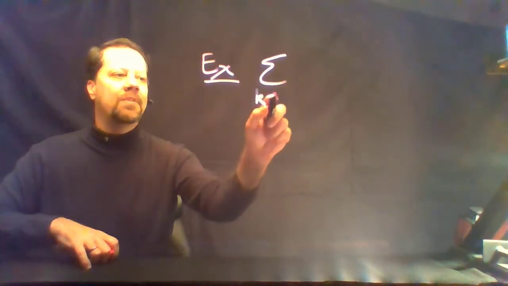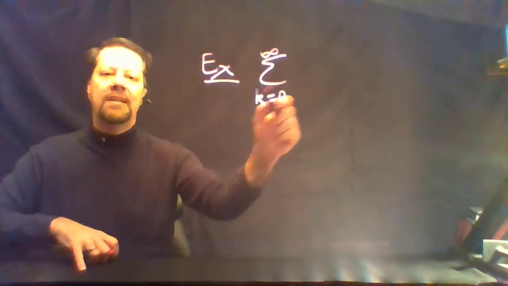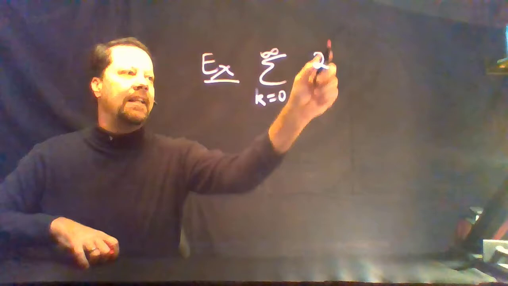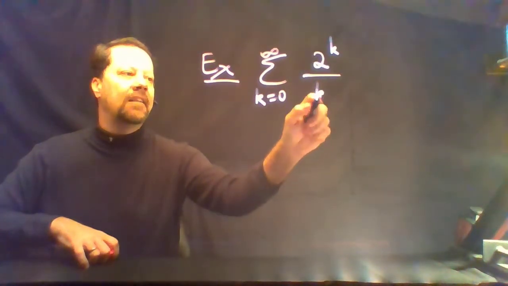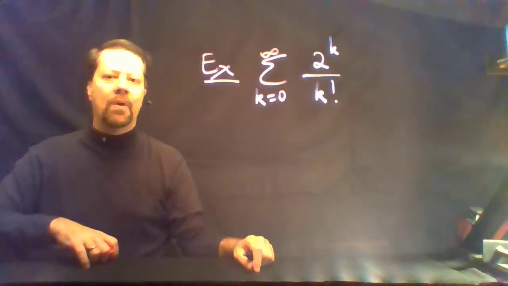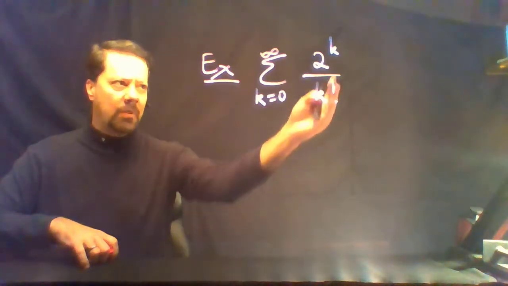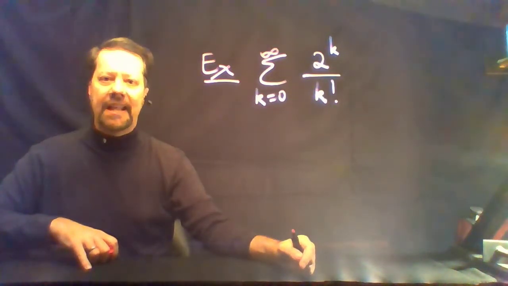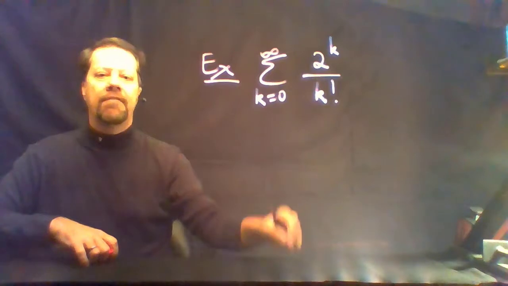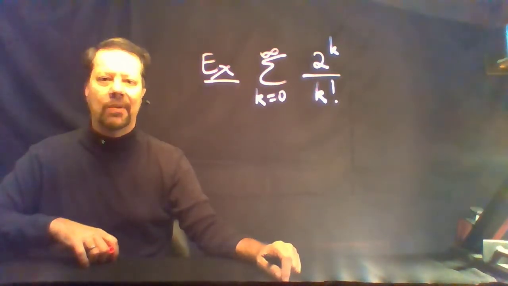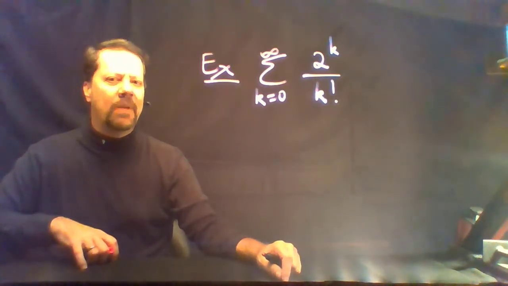As an example, suppose we have the series, the sum as k goes from 0 to infinity of 2 to the k divided by k factorial. Here, we're pitting exponential growth, 2 to the k, versus factorial growth, k factorial. Which one wins?